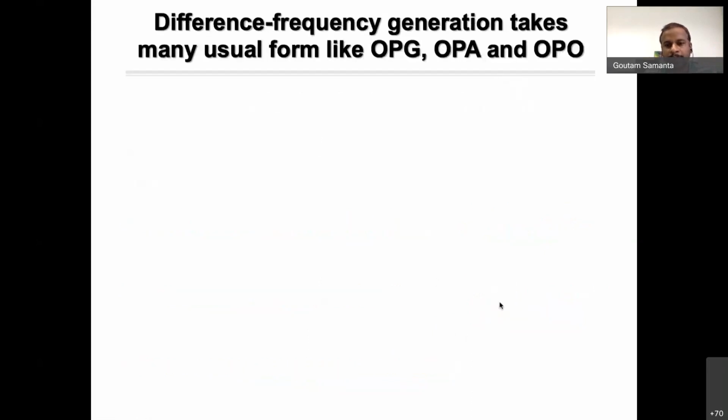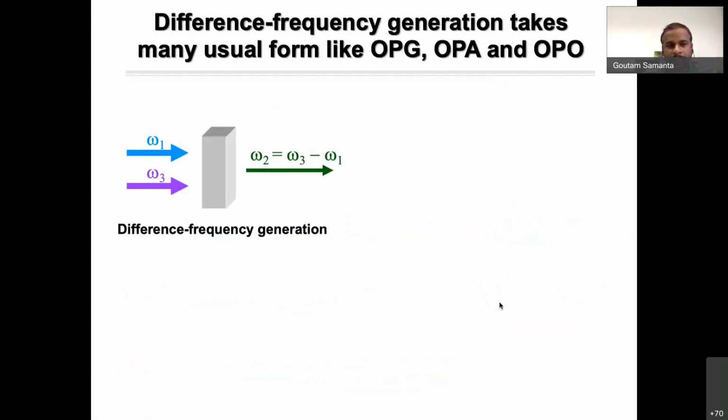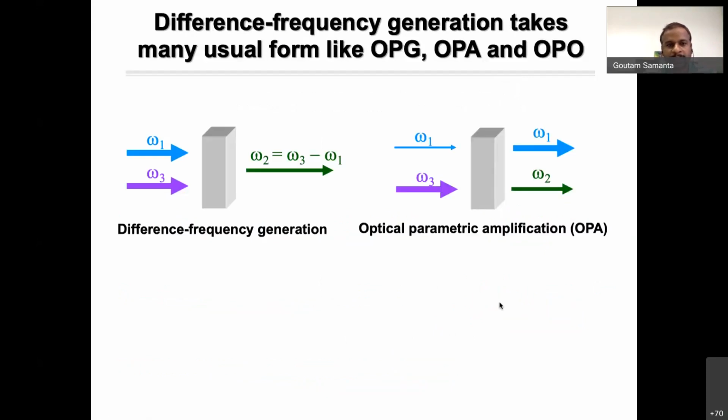Now, if you have two different frequencies, let's say omega-3 and omega-2, we can generate a new frequency which is the difference of the two. In this way, we can go for lower frequencies or longer wavelength radiation. Alternatively, we can have a strong pump beam and a very weak new input beam, and then we can amplify that.